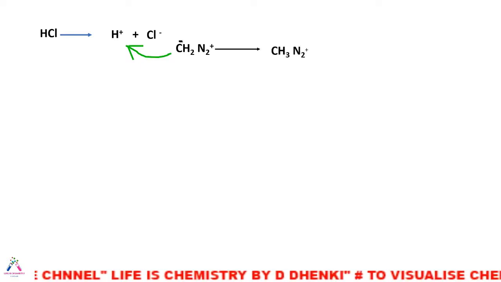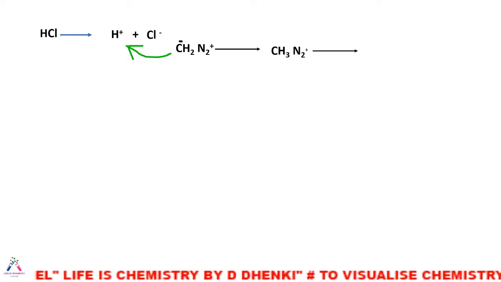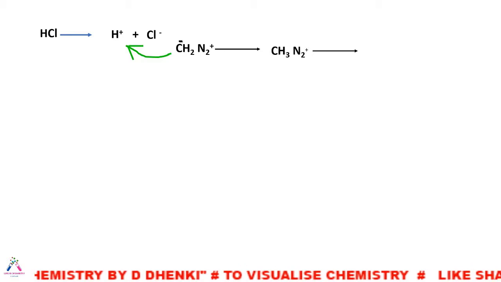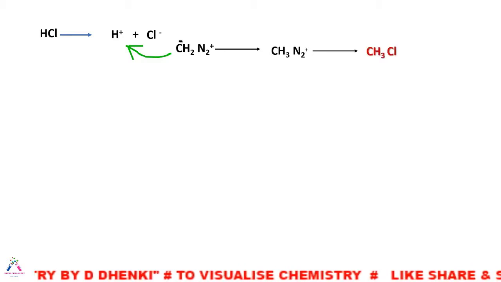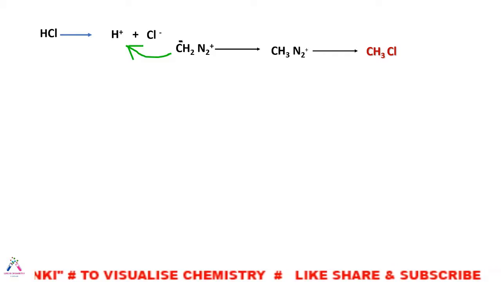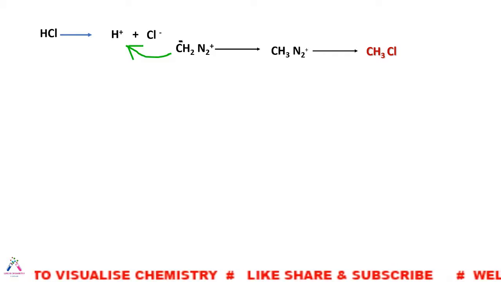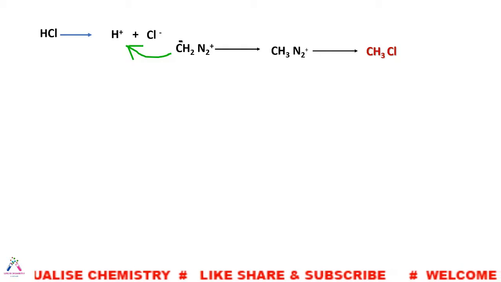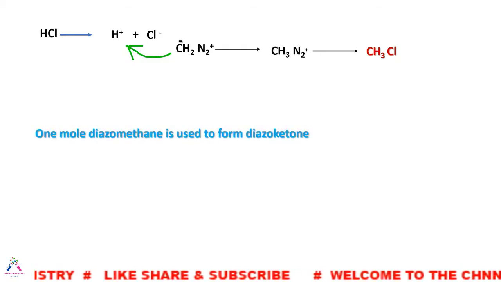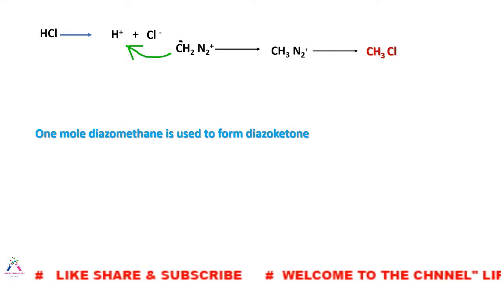After that, the Cl- again does the SN2 reaction with this CH3N2+, and it will form CH3Cl, or methyl chloride. So 1 mole of diazomethane is used to destroy the HCl to prevent the side reaction, and another mole is used to form diazoketone.